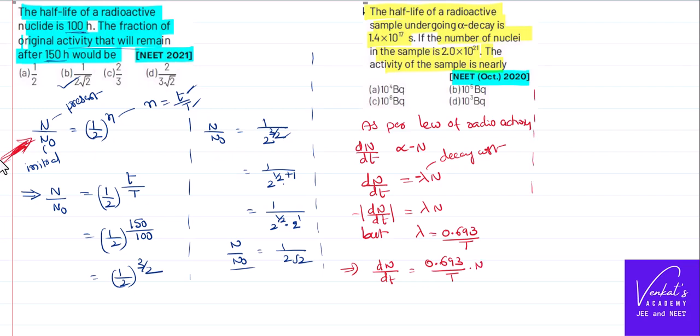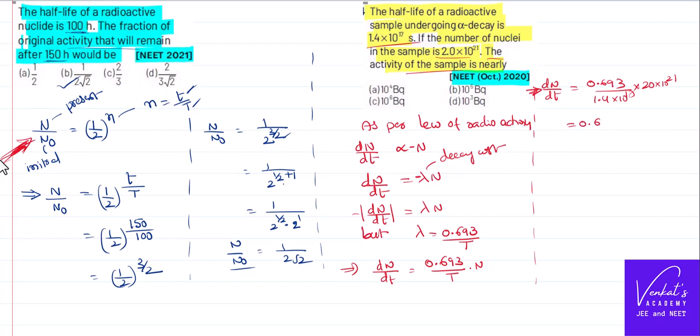So if I substitute the data, I will simply get the answer because you want the rate of disintegration. Activity of the sample means rate of disintegration. dN by dt equals 0.693 by the half-life period given for you, 1.4 into 10 power 17, into N, the number of nucleons present, that is 2.0 into 10 power 21.